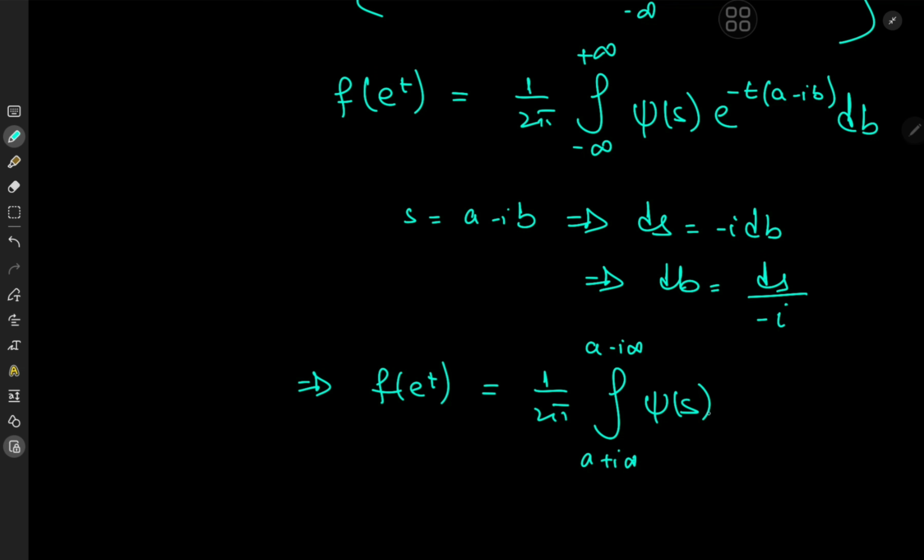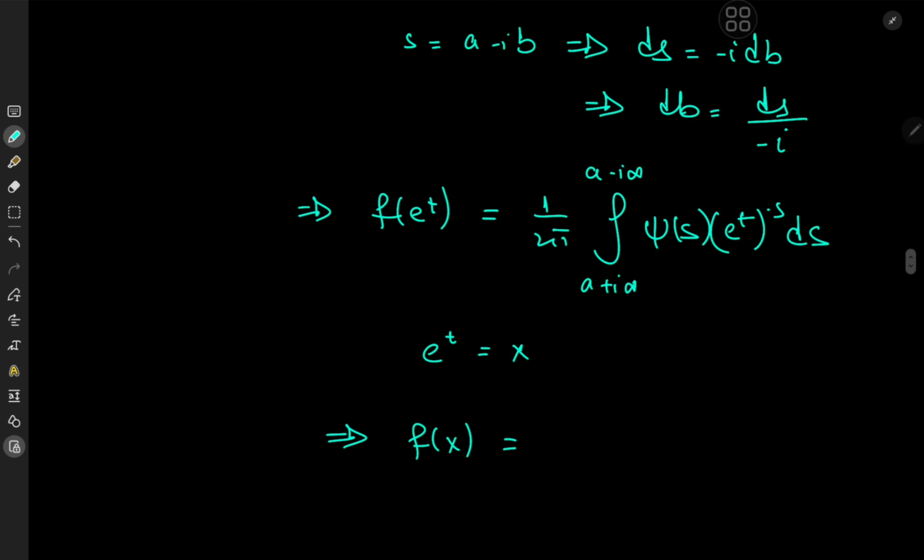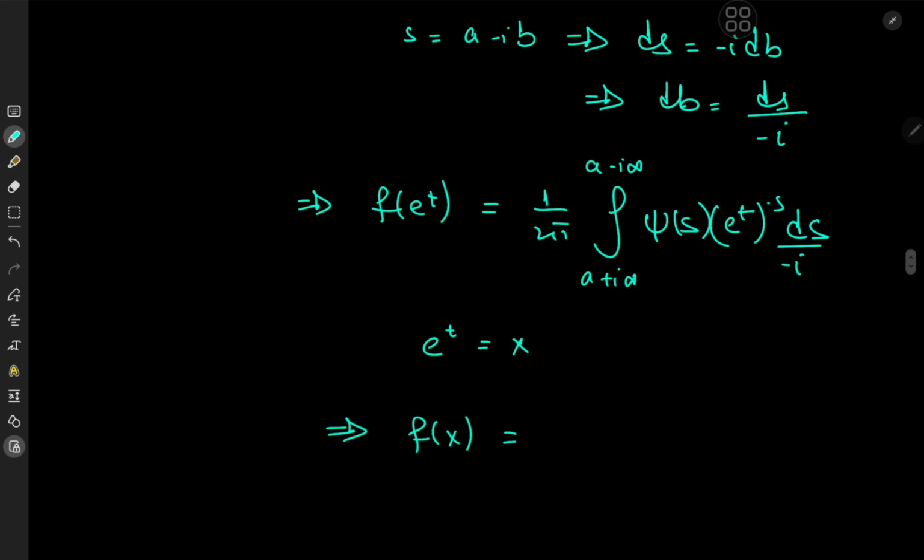So we have psi of s times e to the minus s times t ds. But wait a minute, we still have a t variable in there, but we can get rid of it since we have e to the t to the minus s. And recall that e to the t is just x, which implies that f of x equals, oh wait, I forgot the minus i over here.